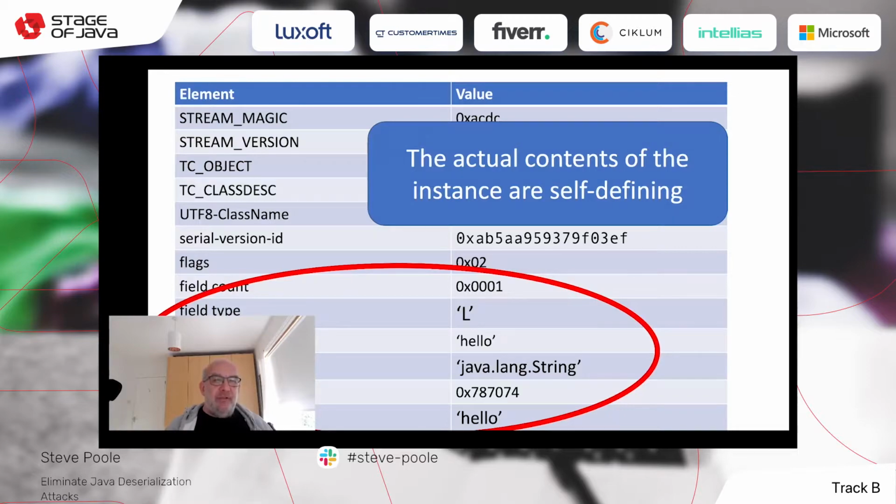What this serialized form actually says to the Java deserialization process is, go to this class and create an instance of it, and then create this string, and you can see it says string and the string value of hello. Create this string and insert it into the field name that's called hello, and repeat.